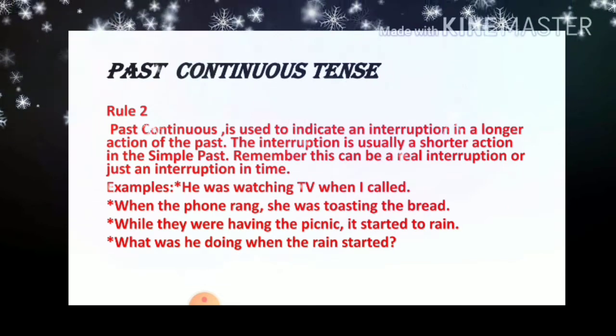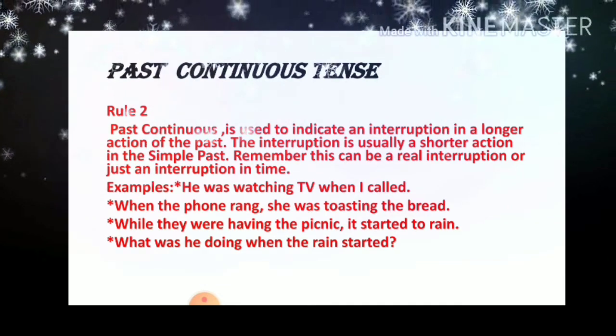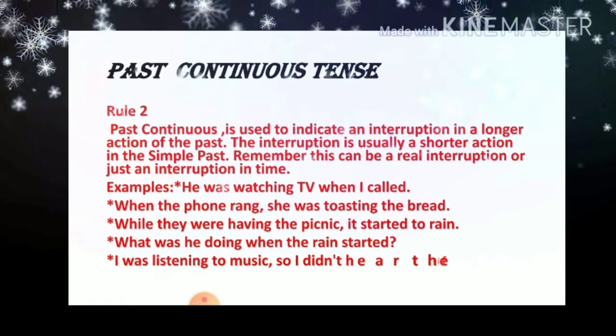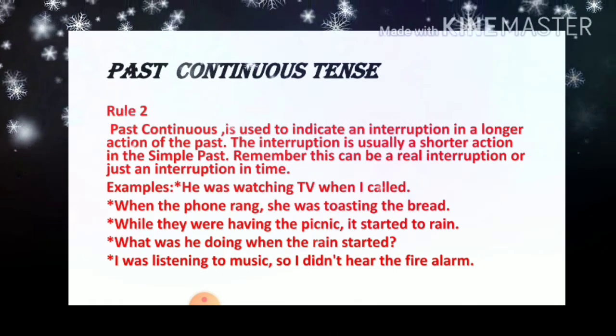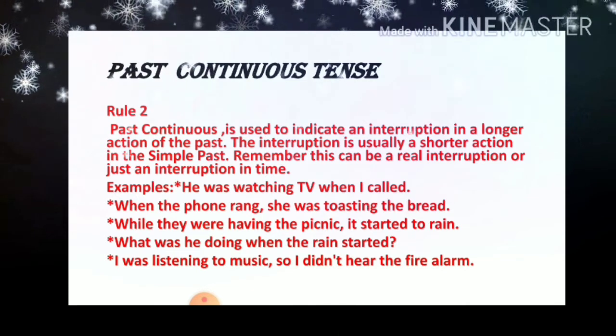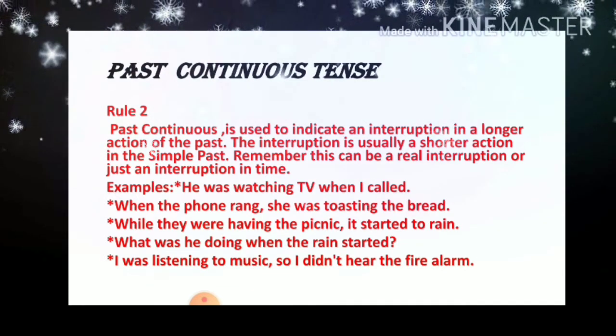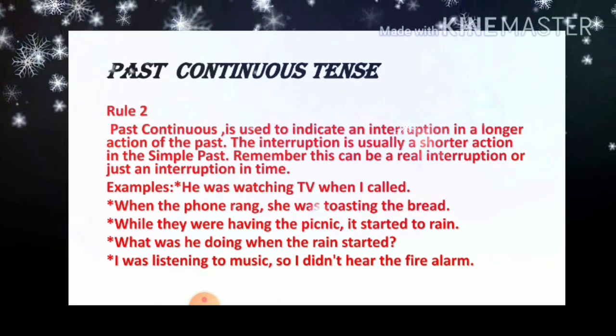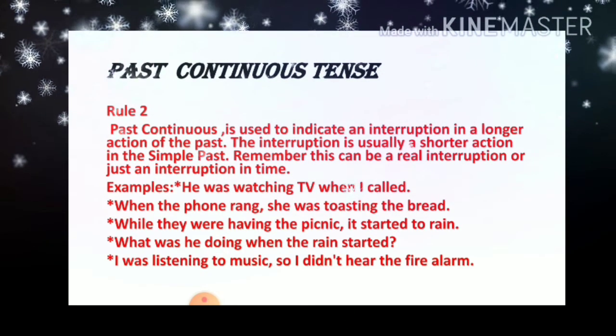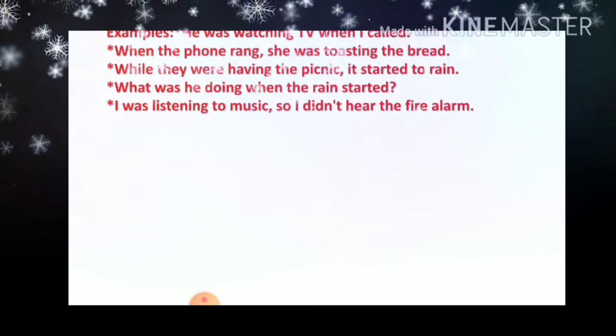That person is doing the task, but the rain stopped it. The next one is, I was listening to music, so I didn't hear the fire alarm. So there is also the interruption of listening to the music, because he was not able to hear the alarm.